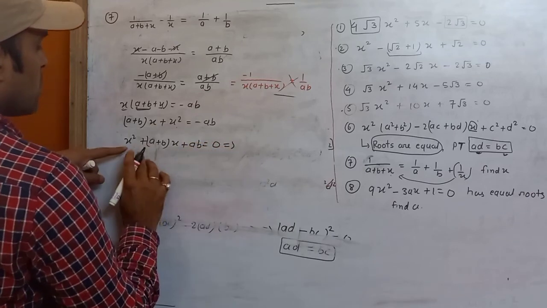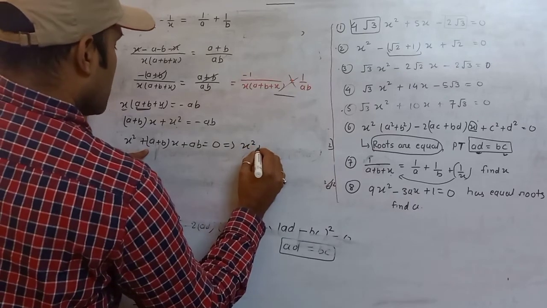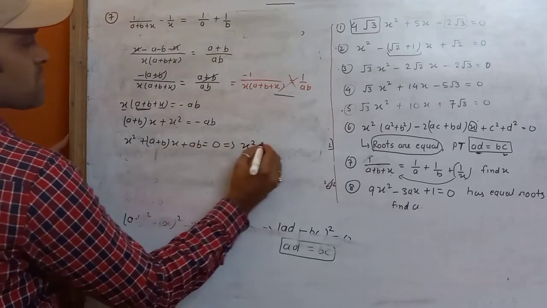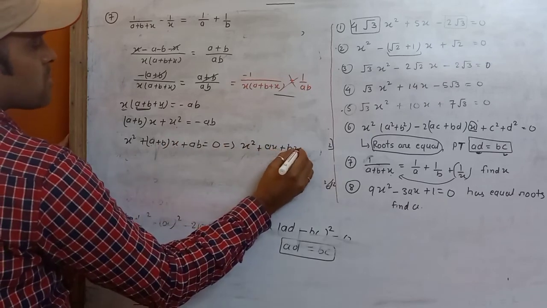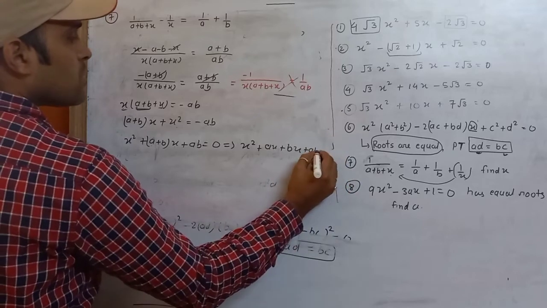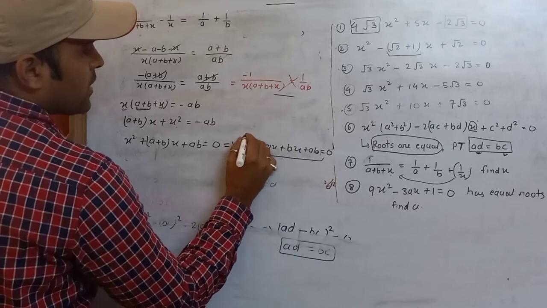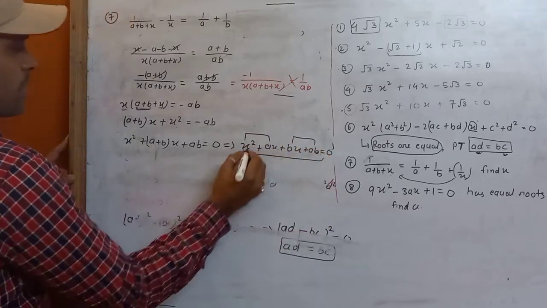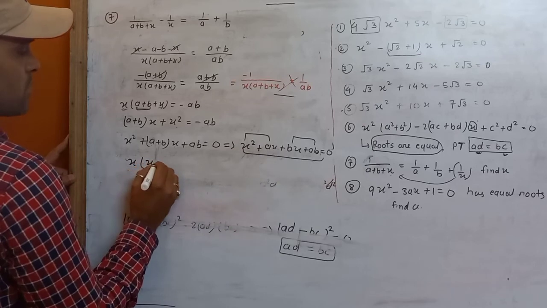Now extend it: x square plus ax plus bx plus ab equal to 0. Take common from these two, x, which gives x plus a.